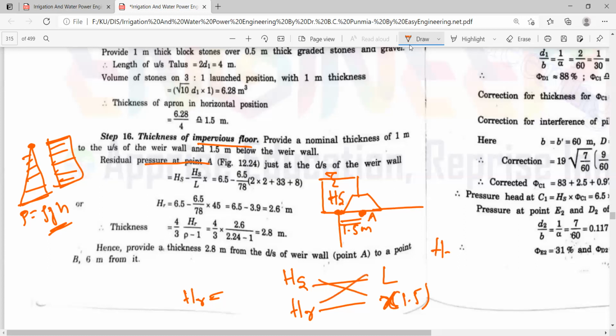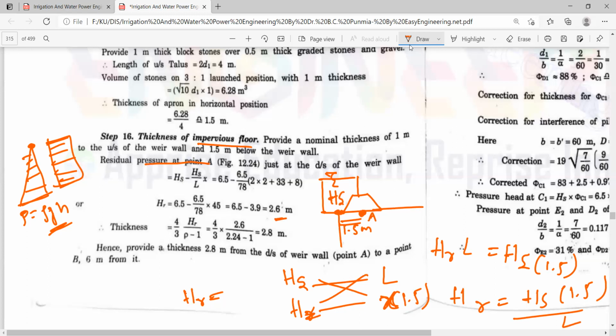HR into L will be equal to Hs into 1.5. So residual head is equal to Hs into 1.5 divided by L. From this concept, we can calculate the residual head at various locations.